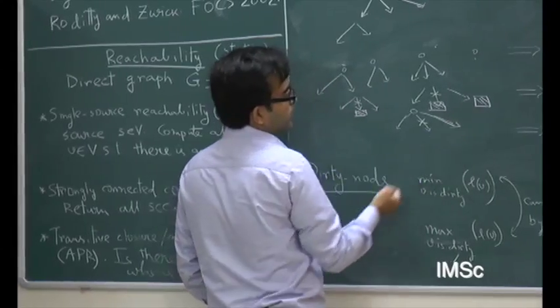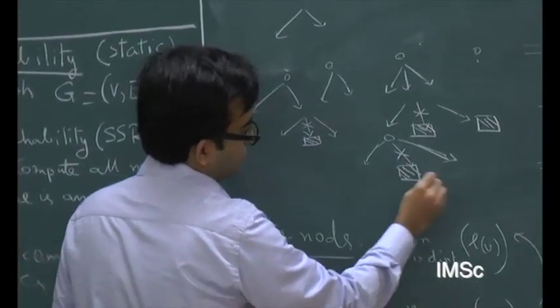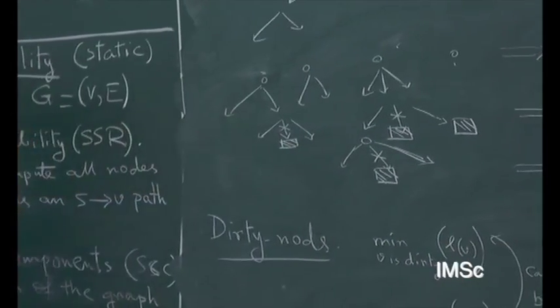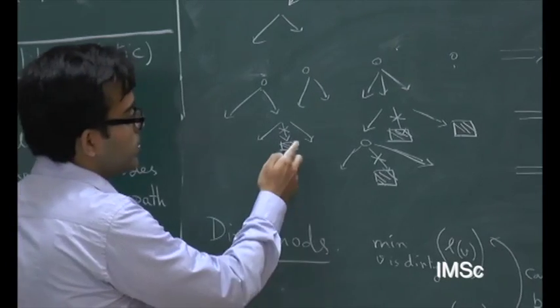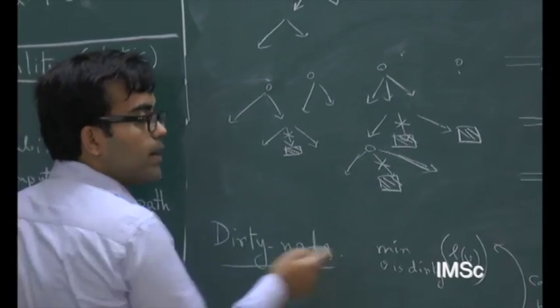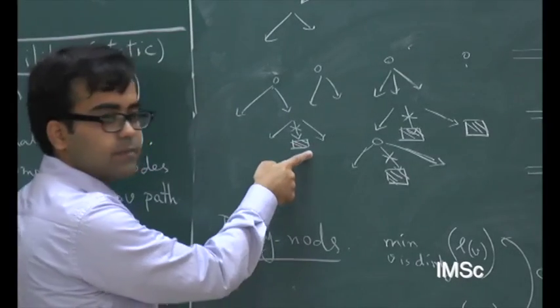These are dirty nodes at layer I plus 1, and here is one dirty node at layer I plus 2. So since you want to maintain this invariant, just pick a dirty node from layer I. You need to fix this.